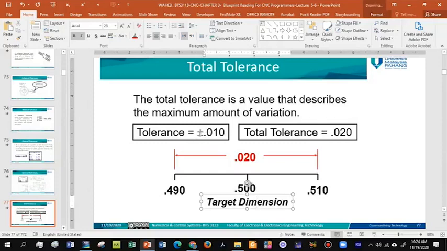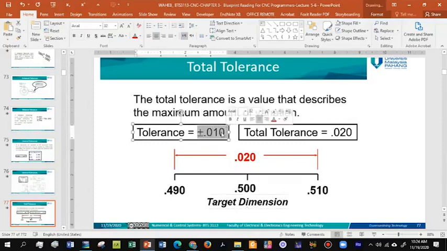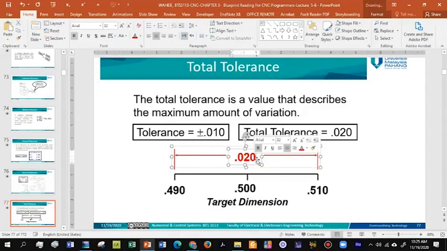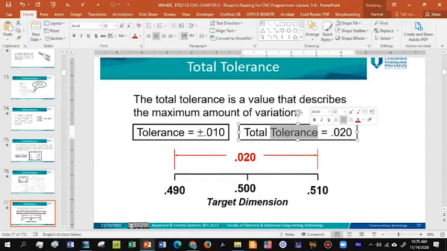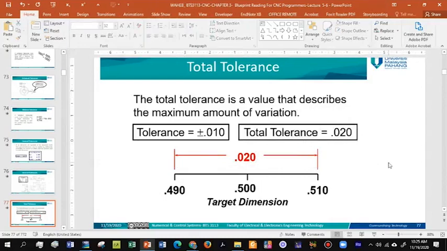Okay, so the tolerance here is bilateral, plus minus 0.010. In this case, you have 0.01 on the less side, the minimum or the bottom of the target value, and you have 0.01 on the maximum side, the top, or greater than the targeted value. So here is less than, here is greater than. So 0.01 plus 0.01 will give you 0.02, which is the total tolerance allowed for this dimension.